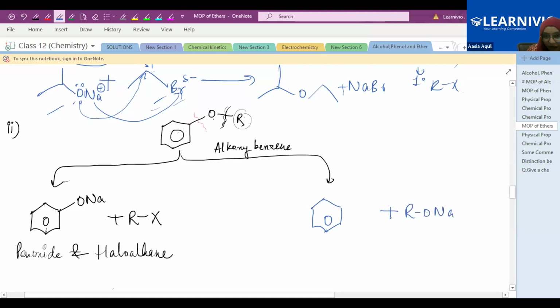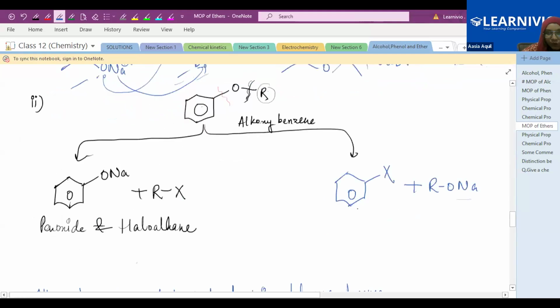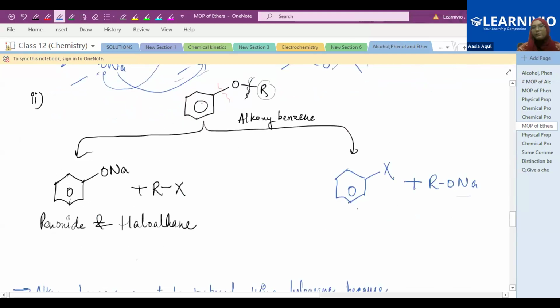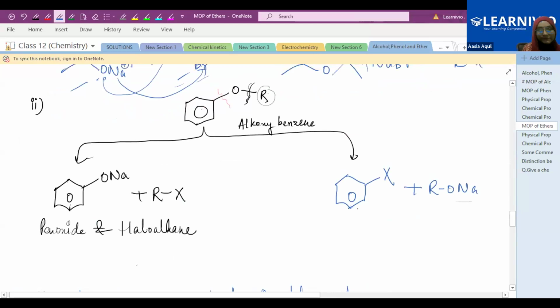I will make RONa, so with RO I am making the alkoxide, and with this benzene I will add the alkyl, this X group. Now tell me, between these two, which one is correct? Who will tell me? The right one. Right one means the one I have written in blue color.